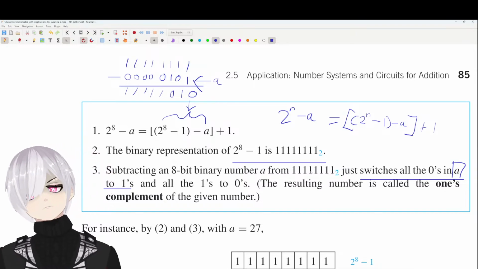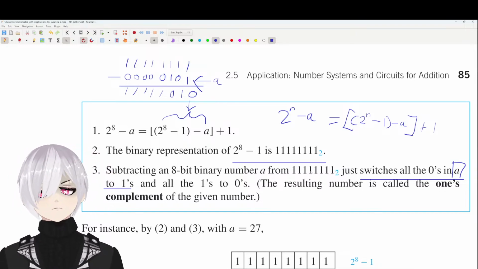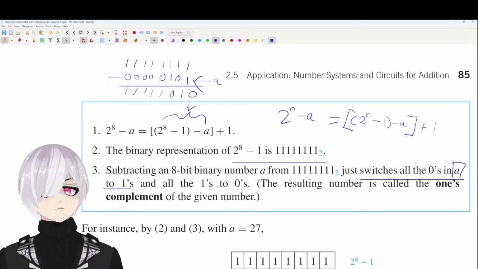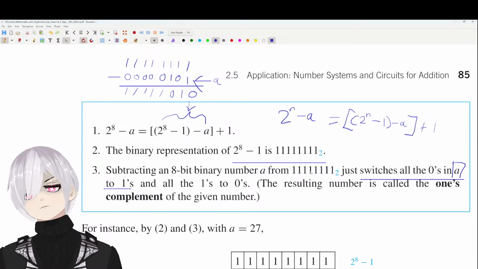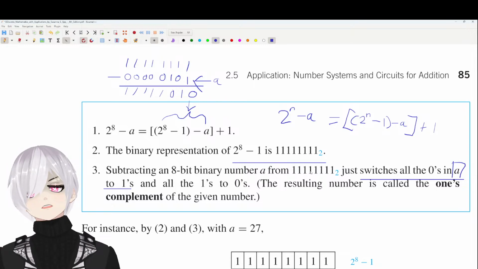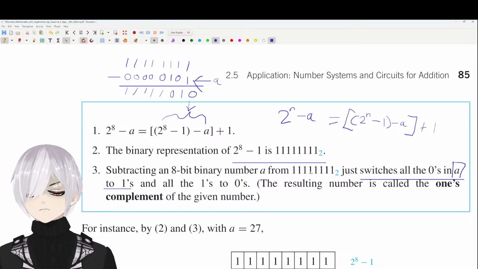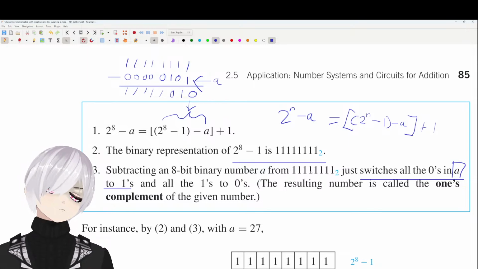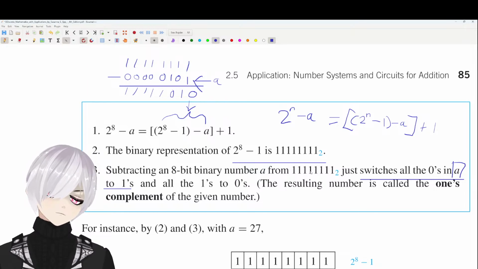It's just weird that the definition specifies that zero can't be used. The two's complement is not defined for zero, but it's not specified that the two's complement is not defined for two to the n. I think it probably is defined for two to the n, because it would just be zero.